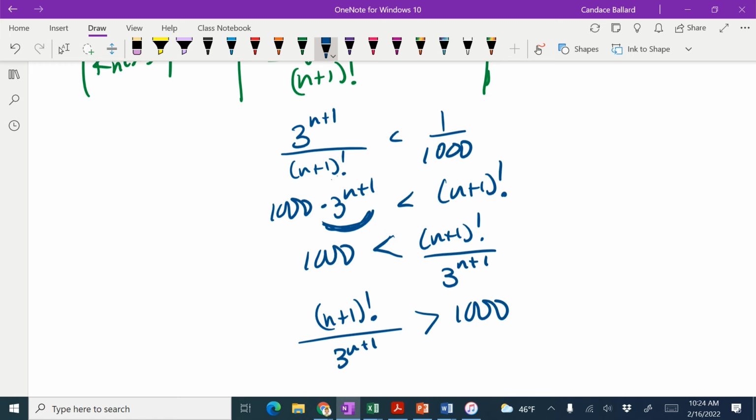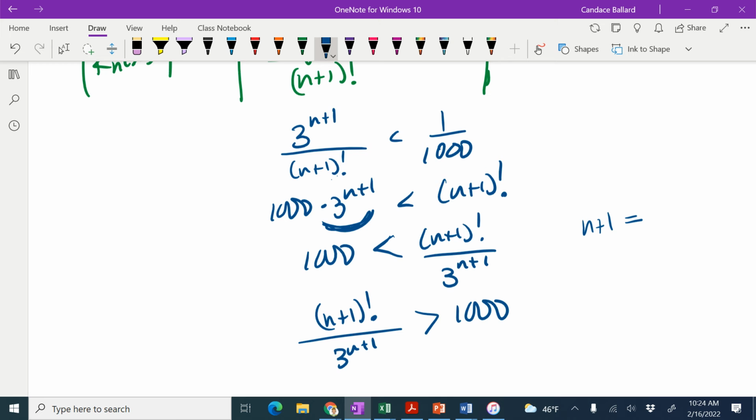So basically what I am now looking for is I want my left side to come out to be a number that's bigger than 1000. So I'm going to do some experimentation. We did this when we did the alternating series. We experimented with some n values. What I'm looking at is what n plus 1 is equal to.